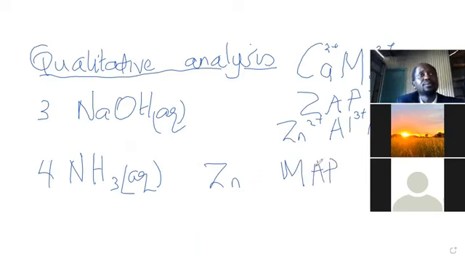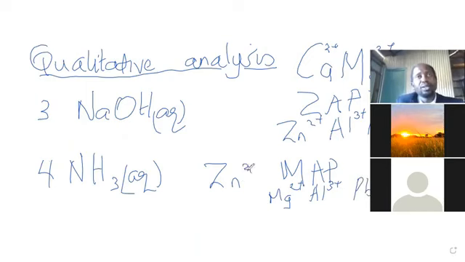MAP stands for magnesium, aluminium, and lead 2. So ammonia solution, whenever a solution is colorless and you are adding ammonia solution, you must have those 4 cations in mind. Zinc on its own, then MAP: magnesium, aluminium, and lead 2.